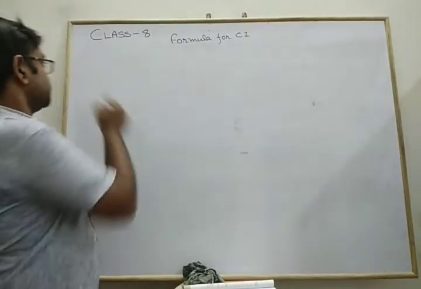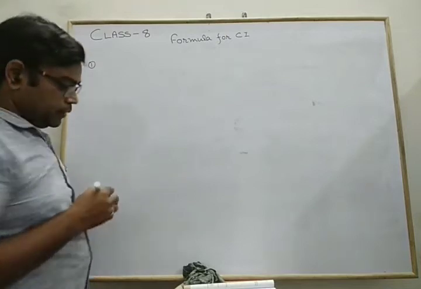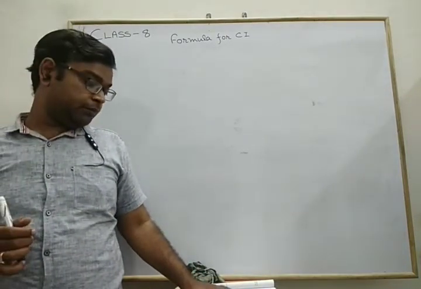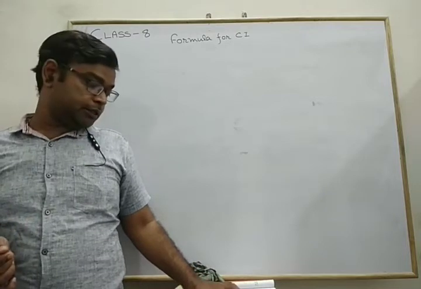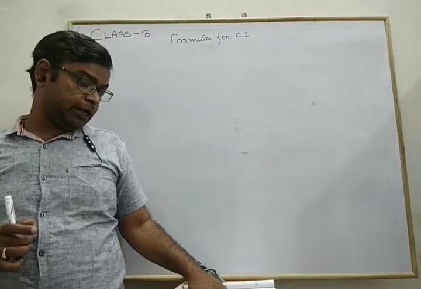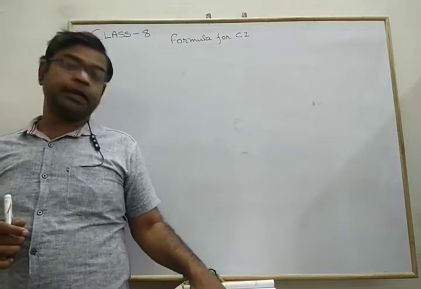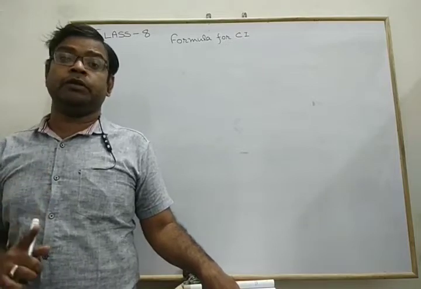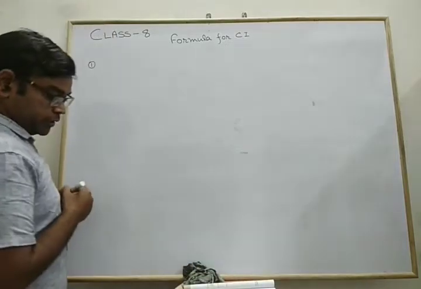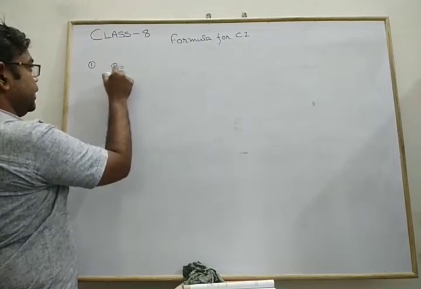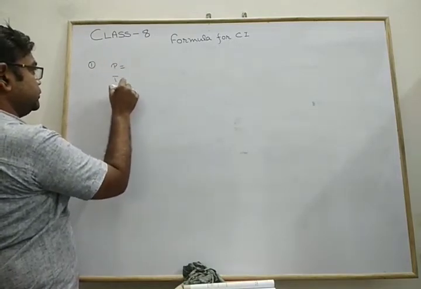Now I want to discuss question number 1. The question says: what total amount will Ravi get in 3 years if he invests rupees 5,000 at 5% per annum compounded annually? The word said is compounded annually. Listen, first note what is given to you. We know that P, time and R are given.